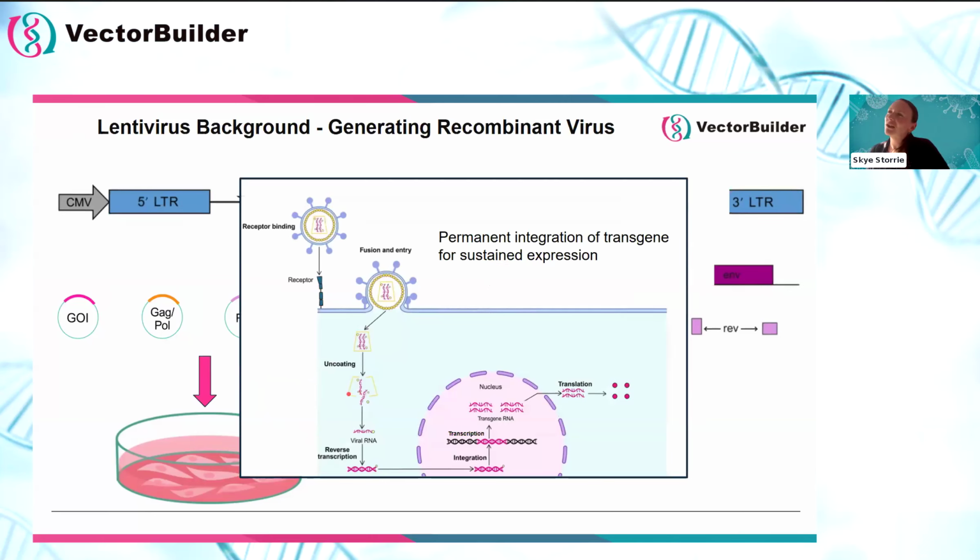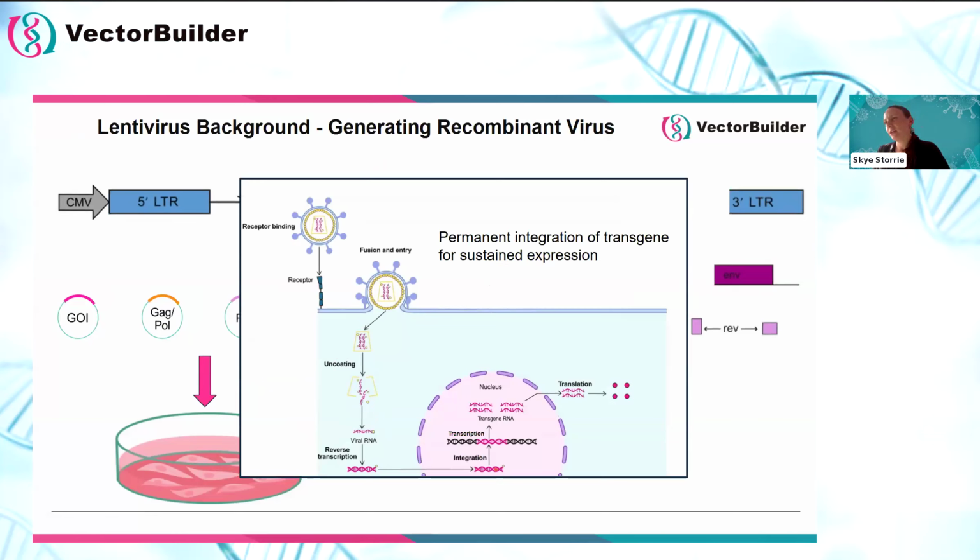And so if we take a look at what the recombinant virus life cycle looks like compared to wild-type lentivirus, the beginning very closely mimics the wild-type lentivirus life cycle, where we have entry and uncoating and release of our viral RNA, which will then be reverse transcribed into DNA. But this is kind of where the main differences lie.